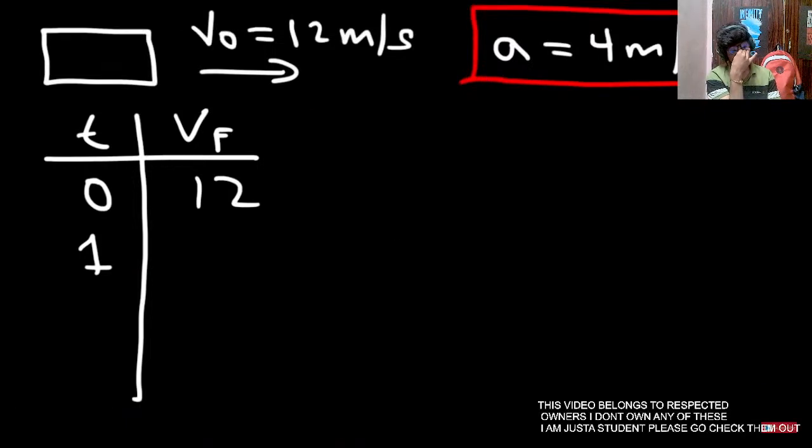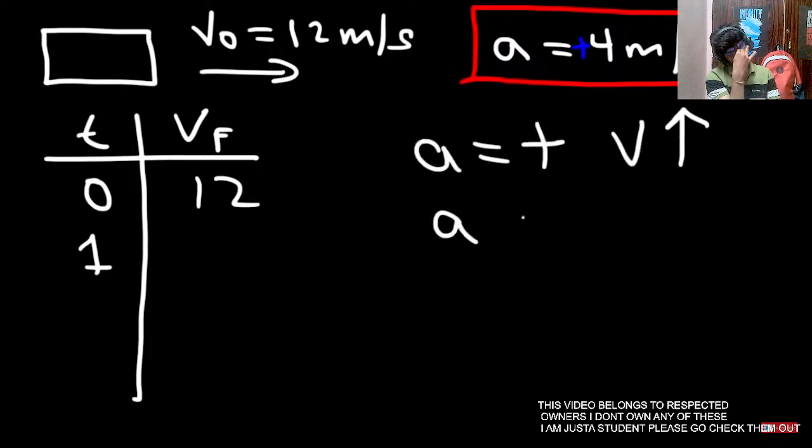Because the acceleration is positive 4, that means the velocity is increasing by 4 meters per second every second. So anytime acceleration is positive, the velocity is increasing. Anytime the acceleration is negative, the velocity is decreasing.